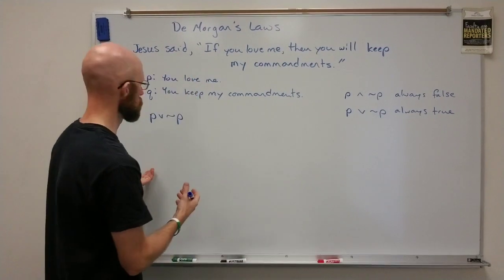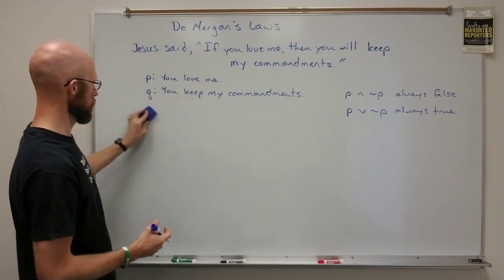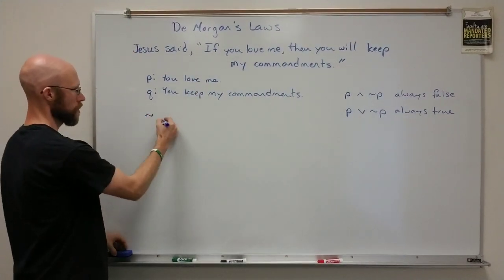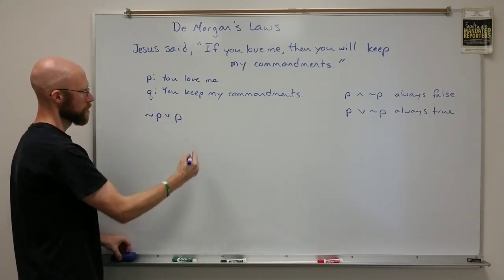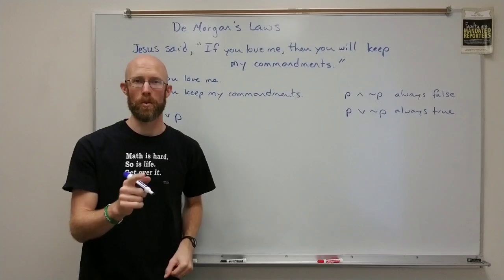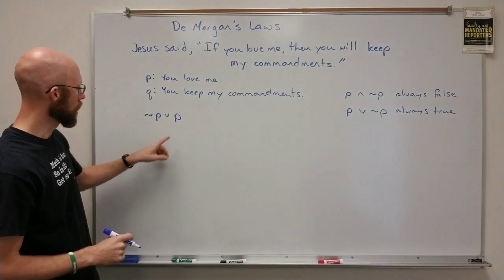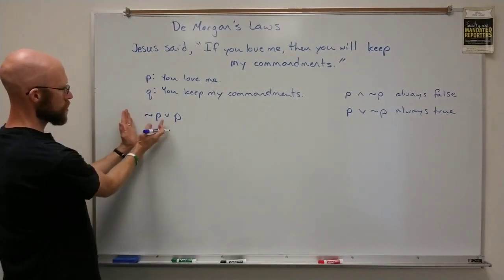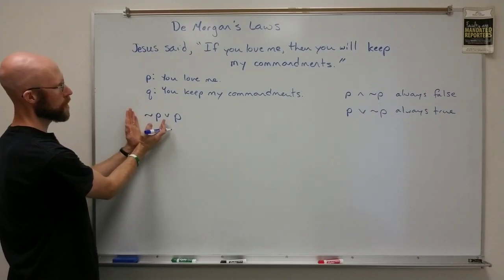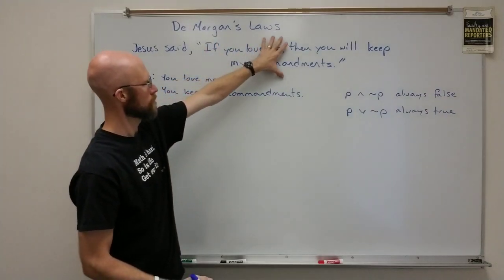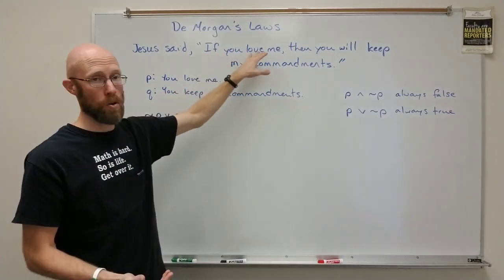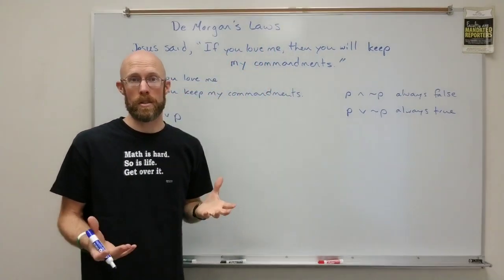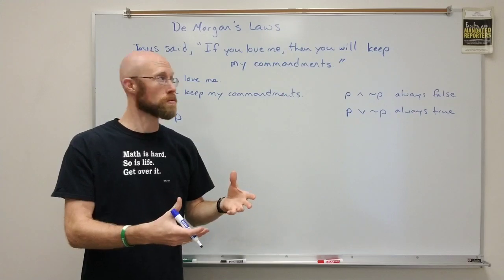And we can also reverse the order. The order of the negation doesn't matter in a disjunction. So we could say not P or P. There's a reason I'm switching the order here. Now, if it's this case, not P, then this conditional doesn't apply. He doesn't state in here what happens if you don't love him. It's conceivable that if you don't love him, you don't keep his commandments.